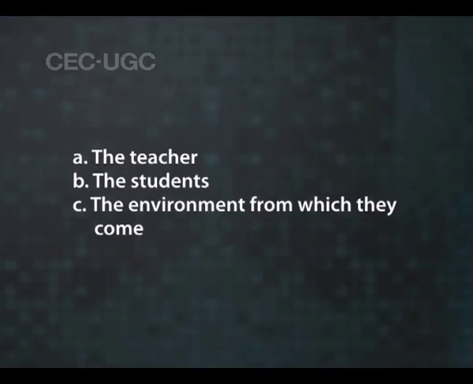The human factors influencing the selection of teaching methods are the teacher, the students, and the environment from which they come. The knowledge, teaching experience, and personality of the teacher are the factors of primary importance.